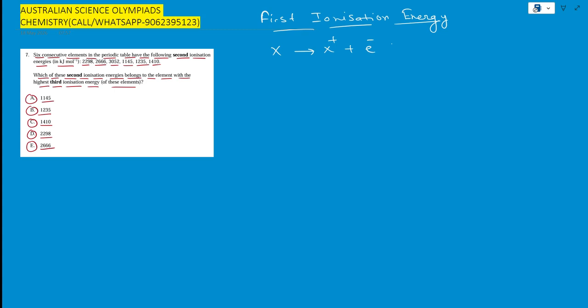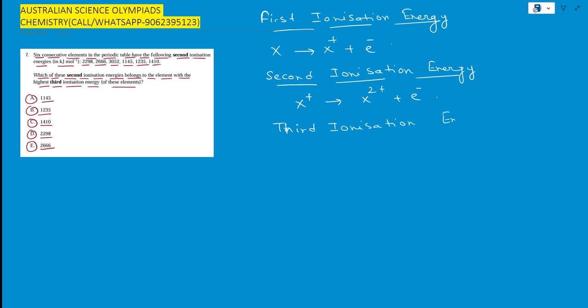Now the second ionization energy: X plus becomes X2 plus plus an electron, e minus. Energy needed to remove the second electron. Now the third ionization energy: this is the energy needed to remove the third electron.